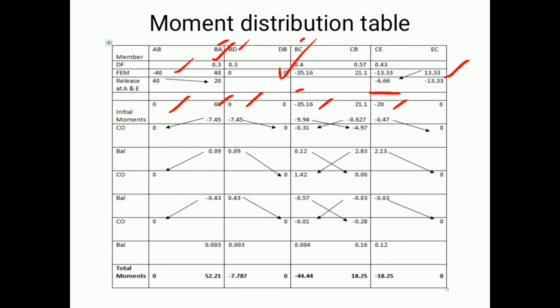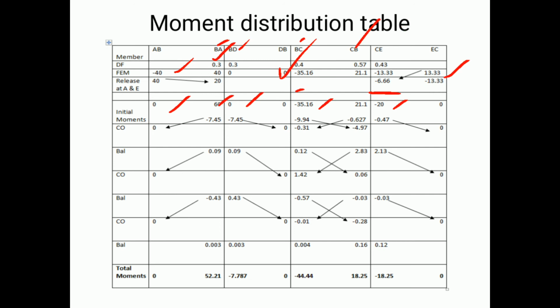So coming on to joint C, there are two members you can observe, that is CB and CE. CB you have as 21.1, and CE you have as minus 20. I need to add both moments, that is 21.1 minus 20. So the overall unbalanced moment will be plus 1.1.